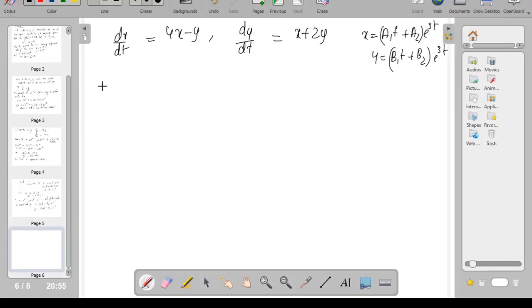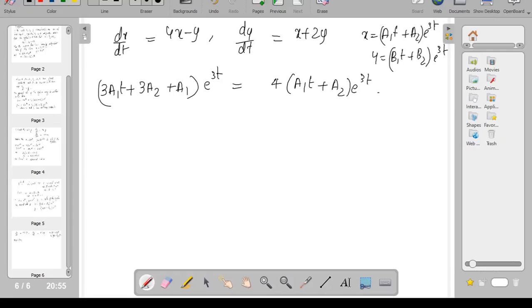Then the derivative will be 3a1t plus 3a2 plus a1, times e raised to 3t. That will be equal to 4 times a1t plus a2 e raised to 3t minus b1t plus b2 e raised to 3t.